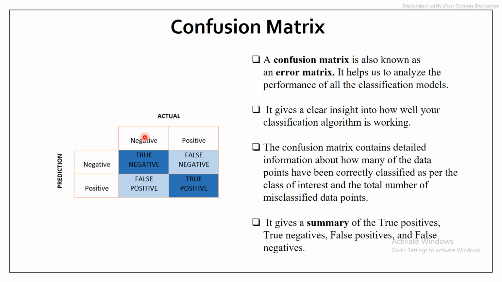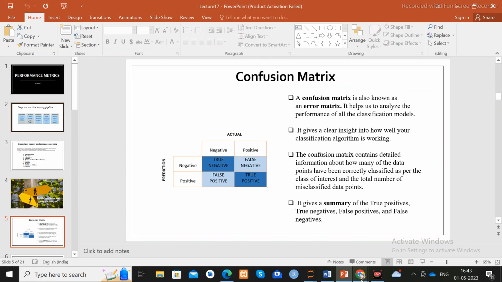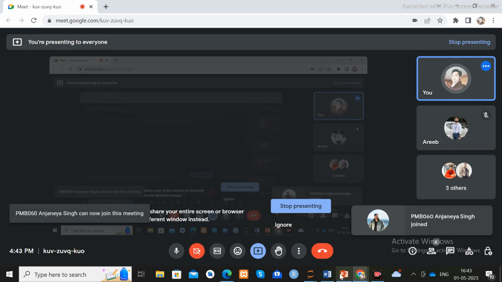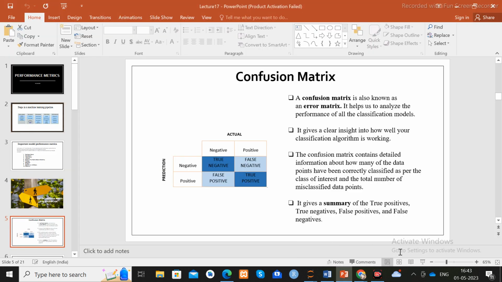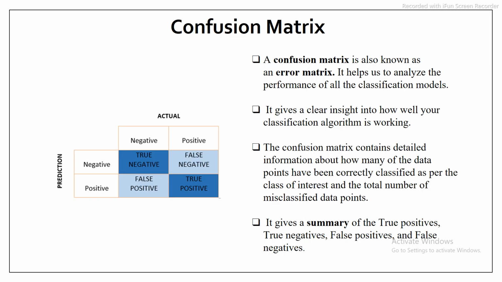It could be that the rows are the predicted value or the actual value, but when you have to see the type 1 and type 2 error, then you will get confused. It's easy to understand, but let's see.